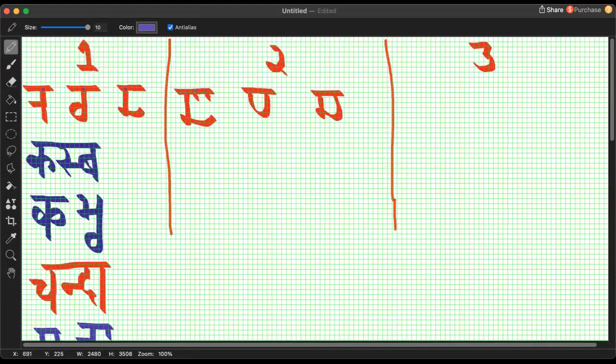So it has three parts to the shiroreka. One is this side, this portion of the alphabet, and then small two dandas for j. Similarly, for the shiroreka, it has 2 points of contact to this alphabet, and even for ch, 2 points. So something more than one, the second rule applies.